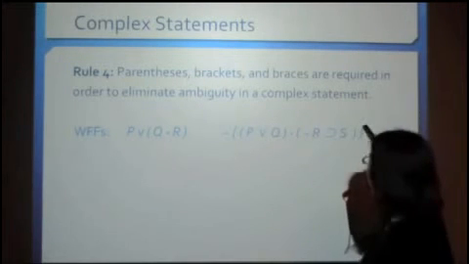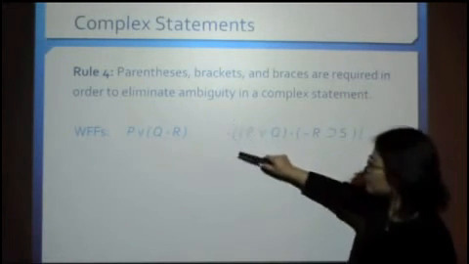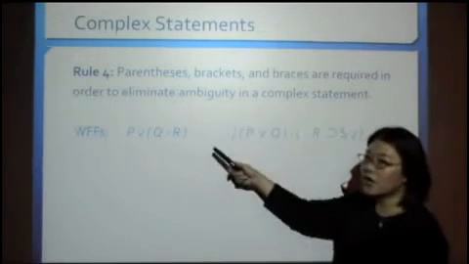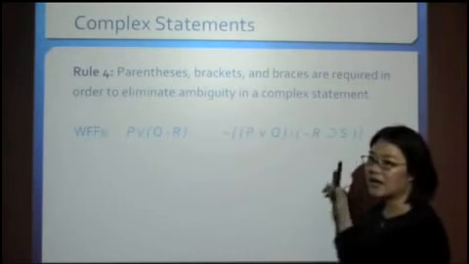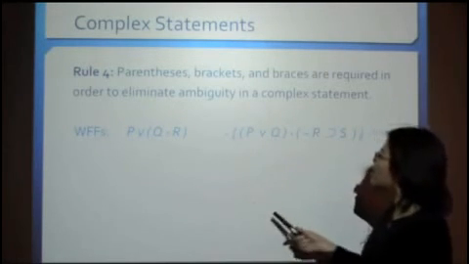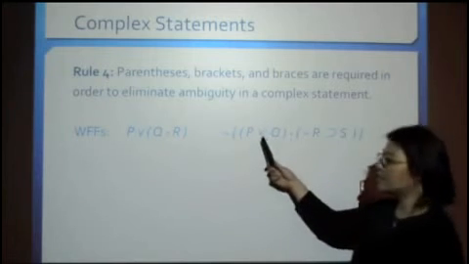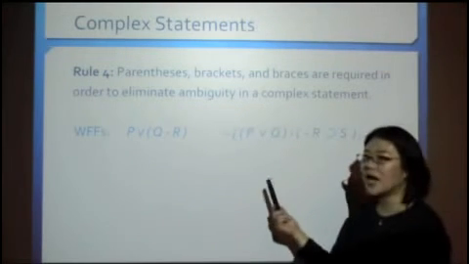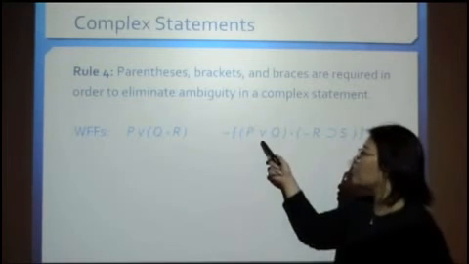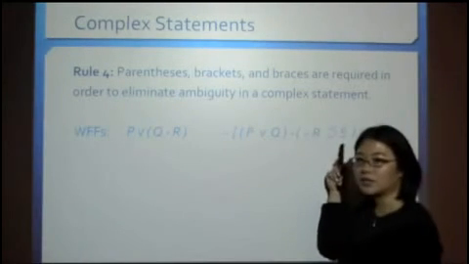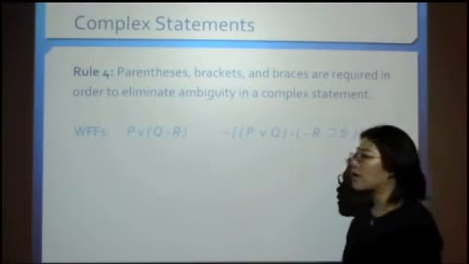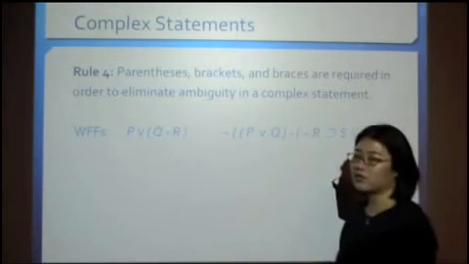If we didn't have these brackets here, and we didn't have these parentheses here either, we wouldn't know what to make of this statement at all. We wouldn't know whether or not it's a negation, or is it a conjunction, or is it a disjunction, because we wouldn't be able to identify the units that go together according to the logical operators that are being used. So let's look at a couple of examples of non-well-formed formulas where the ambiguities show, okay?